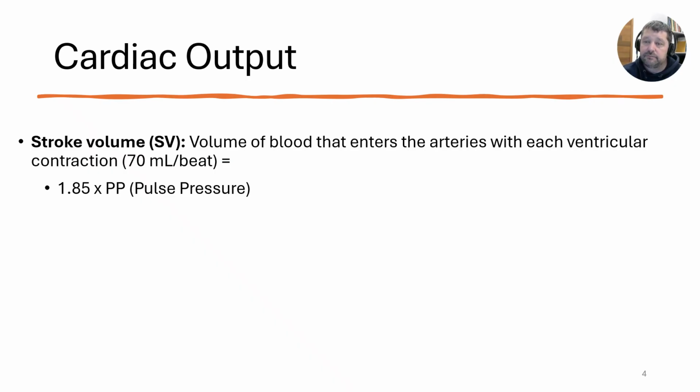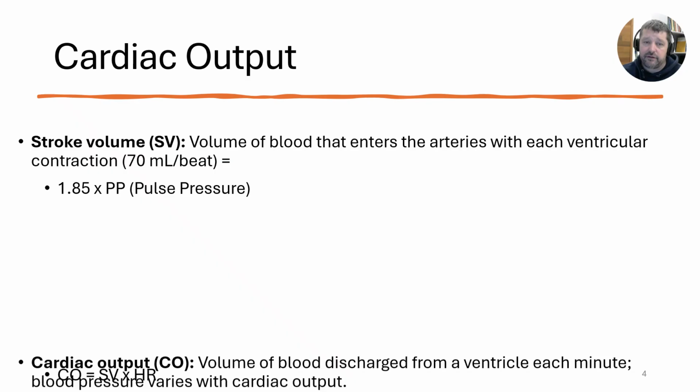Now, there's this magic number that we often use, 1.85, and we times our pulse pressure by 1.85, and that'll give us our stroke volume. We'll come back and talk about where that 1.85 comes from. But under normal circumstances, for individuals that don't have a heart condition, 1.85 is the constant that we often use, and we'll look at that here in a second.